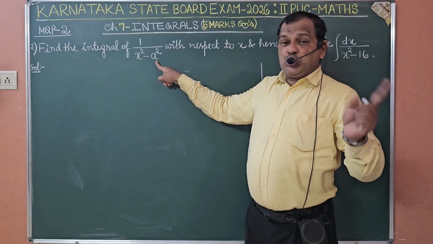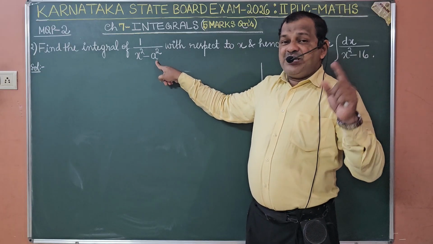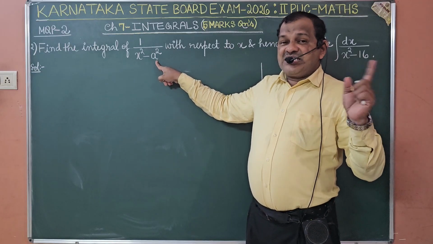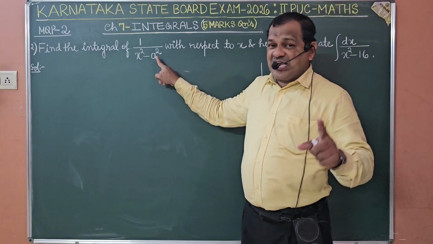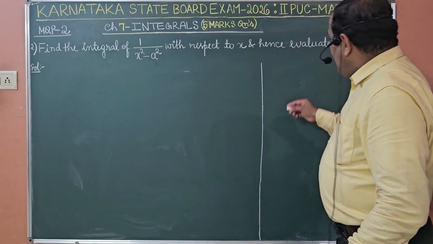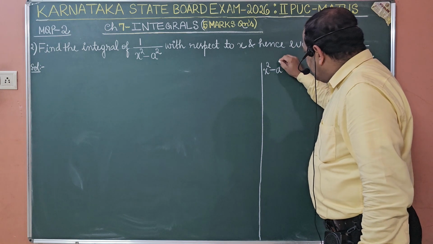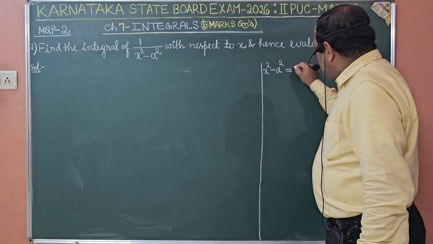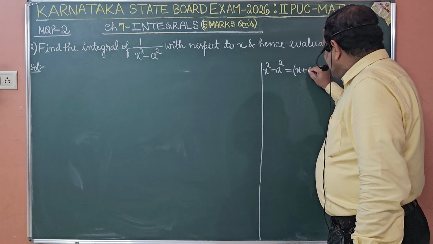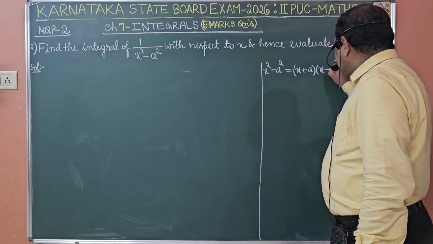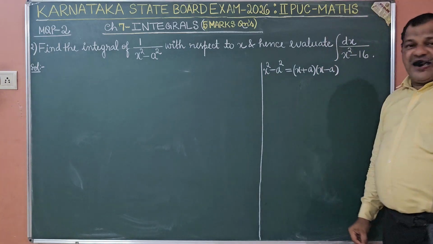Therefore, this has to be first of all simplified using the method of partial fractions. So I will take the denominator x square minus a square separately, and this could be factorized as x plus a into x minus a.